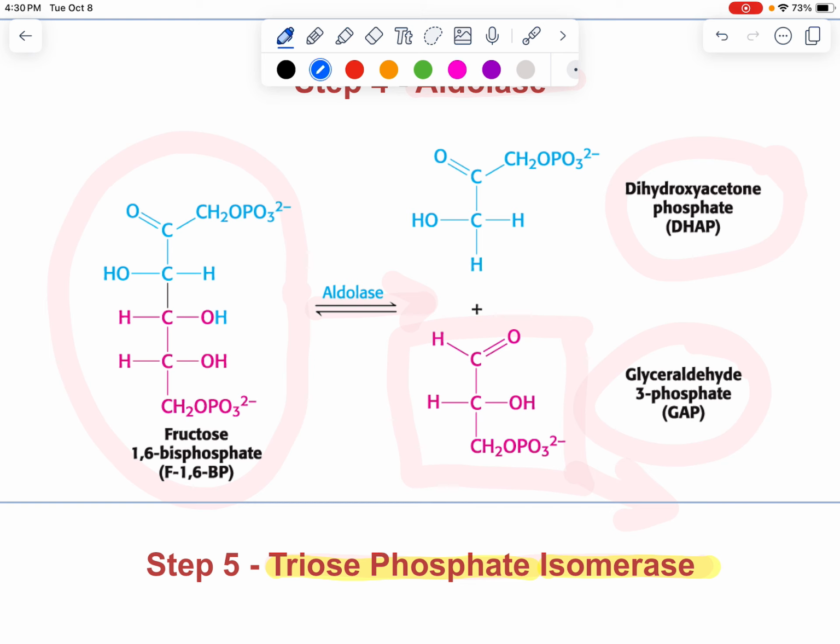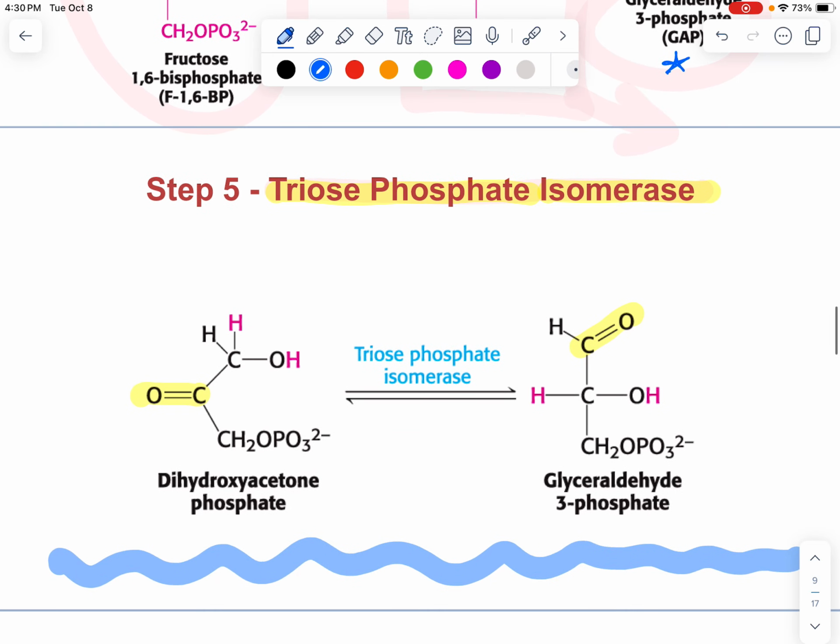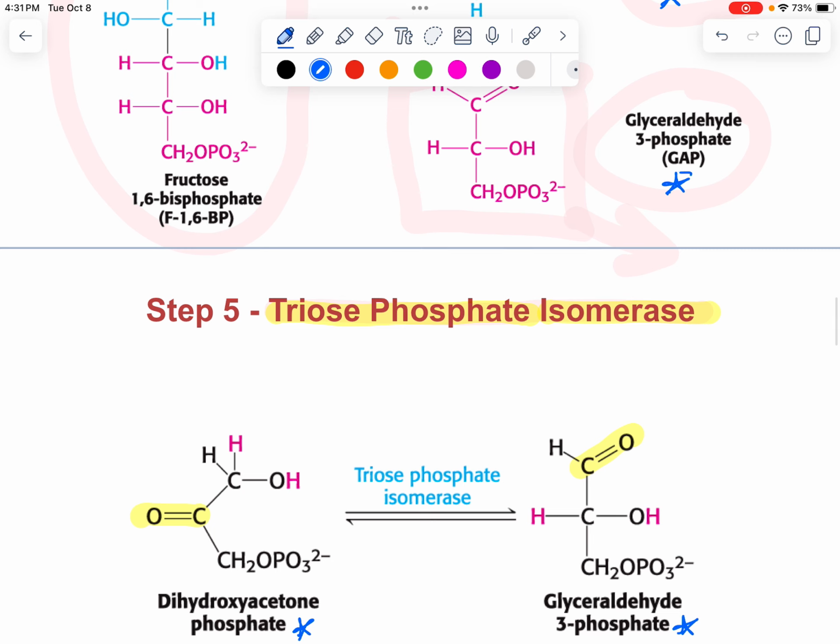Notice we have 2 different molecules, DHAP and GAP, but GAP is the one we really need as we move into the energy generation phase. And so step 5 is taking that other product and converting it. So at the end of step 5, we have 2 of these molecules right here.